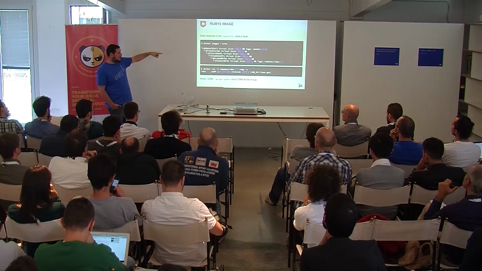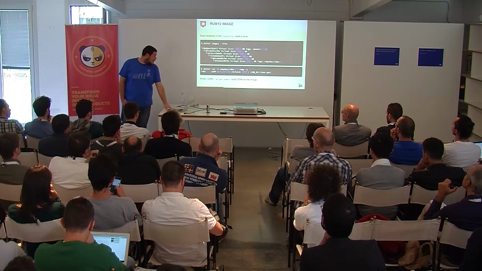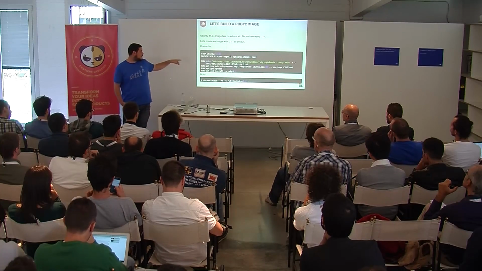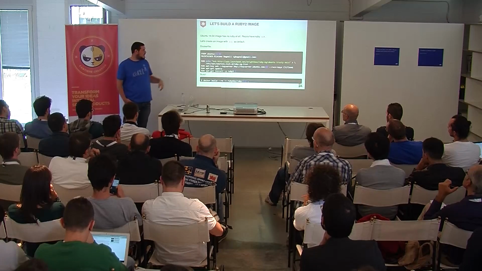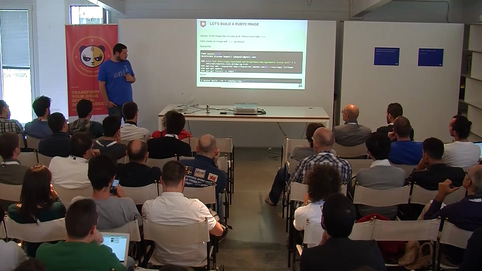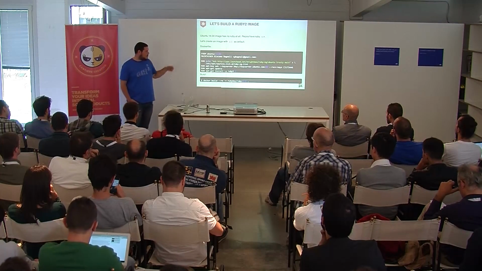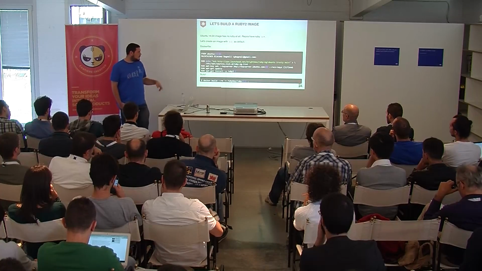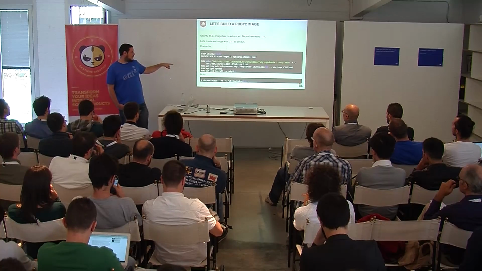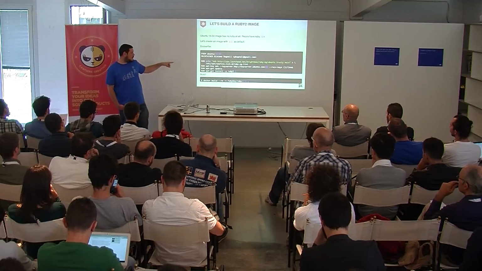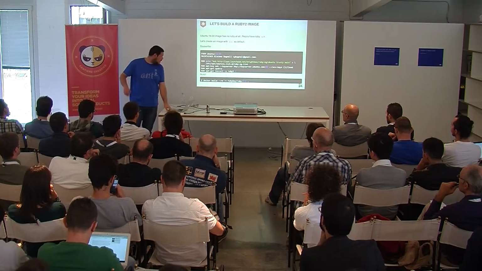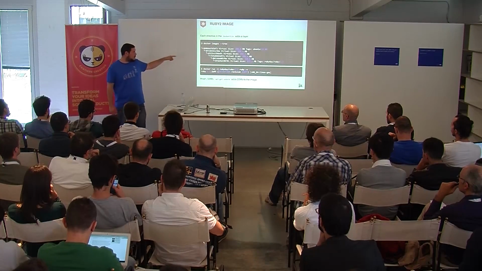Then the first RUN command is adding the PPA, then we add the GPG key, then we run apt-get update, and then we install Ruby. So 4 RUN commands, and we get 4 layers.